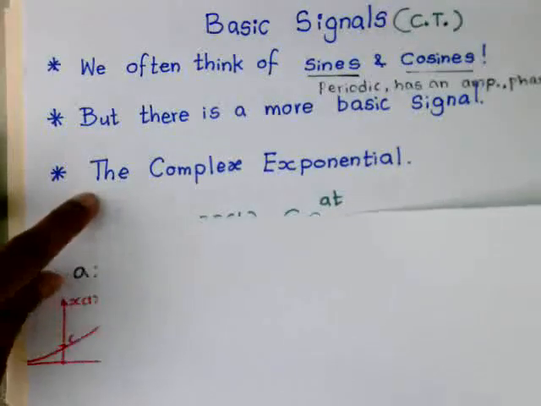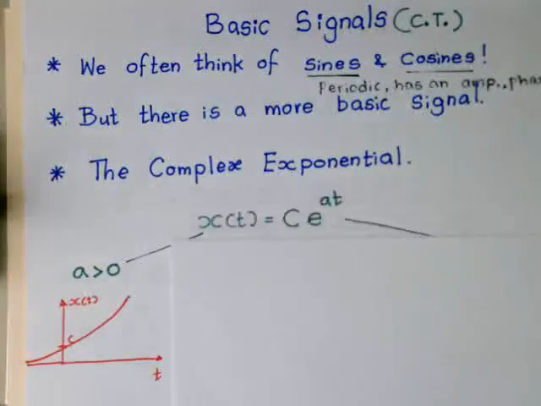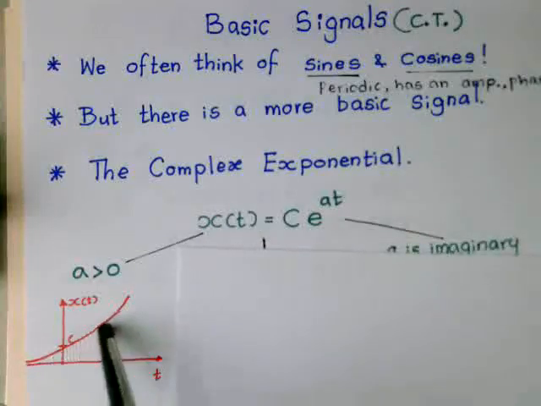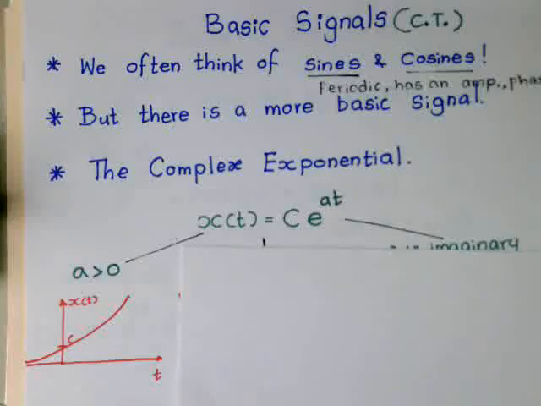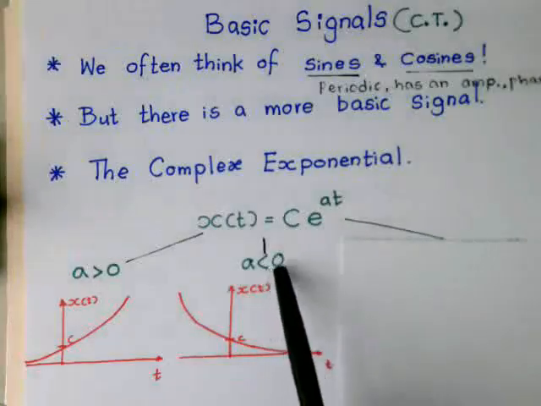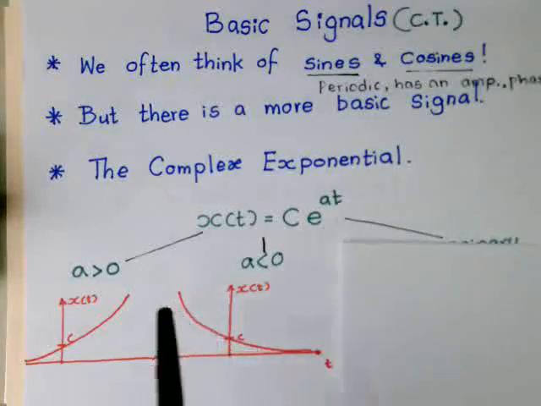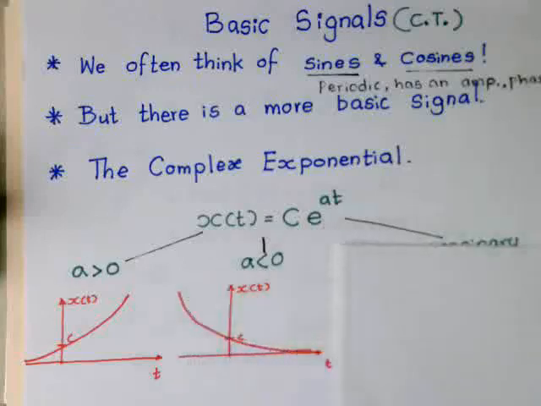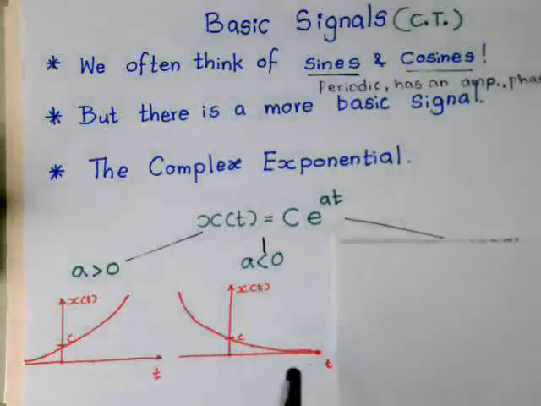What does that mean? If a is larger than 0, if a is positive, then x(t) is going to grow exponentially. However, if a is a negative number, if a is less than 0, then your x(t) function is going to decay exponentially. These are the two common signals that you're going to see.